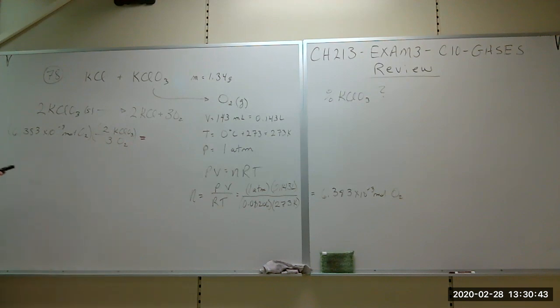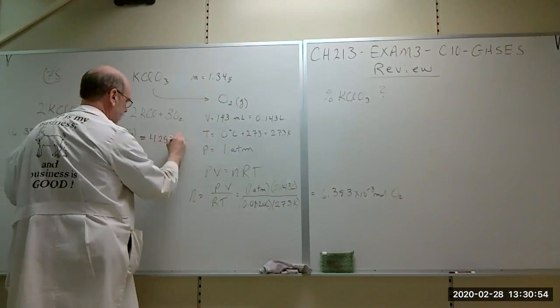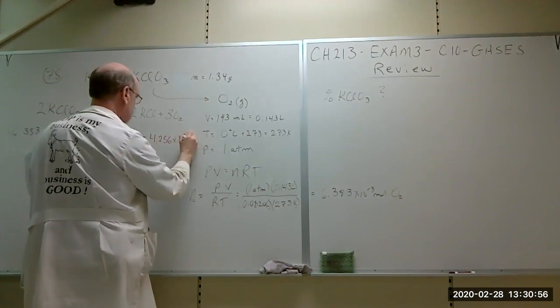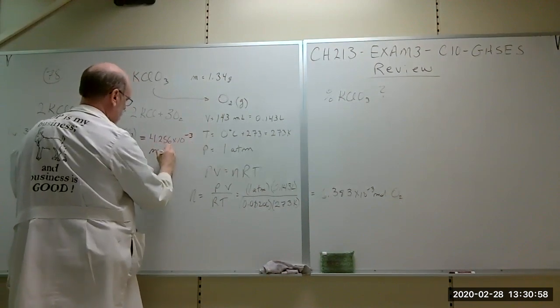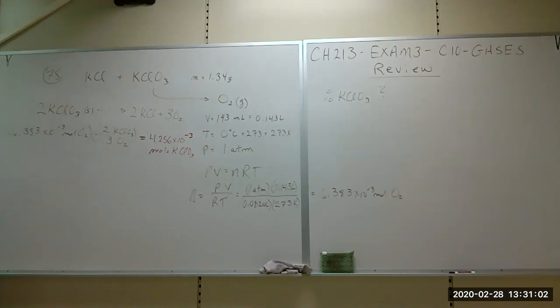Calculator. So I get 4.256 times 10 to the minus 3 moles of potassium chlorate. Okay. So you know how many moles you got.